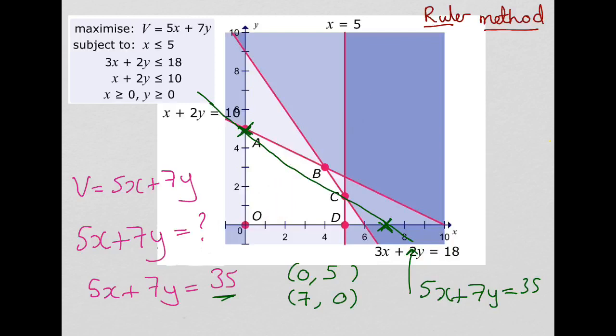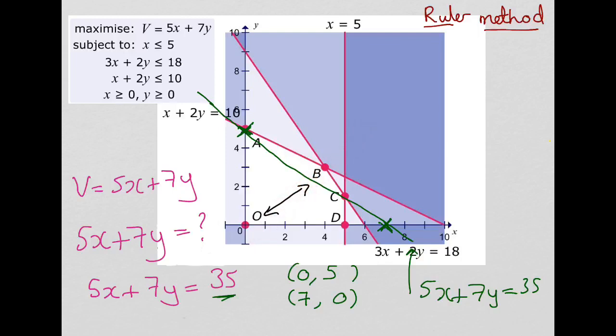However, you want to try and avoid having a tiny little line down here that wouldn't be very accurate, or a line up here. Because the idea is you would lie your ruler against this line, and your ruler would then move backwards and forwards parallel to my line, parallel to your own line. So I'd lay a ruler against this green line here, and I'd move it parallel.